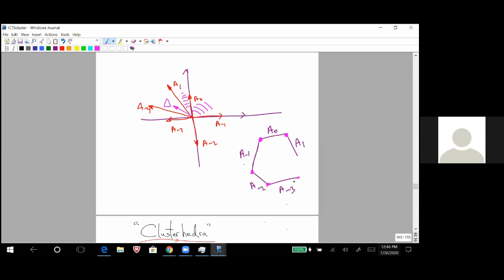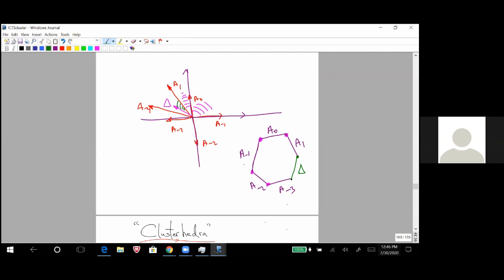But then what I want to say is that I also have a new face delta, which then completes it like so. So in other words, I have a new kind of cluster, which is A1 and delta.